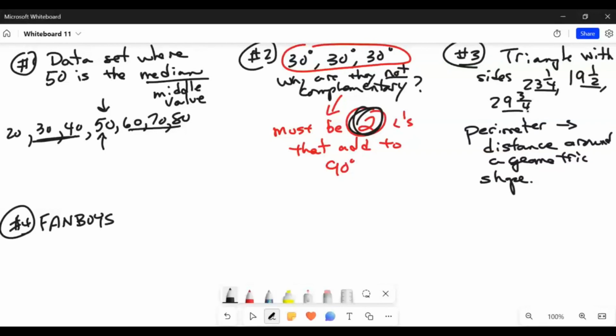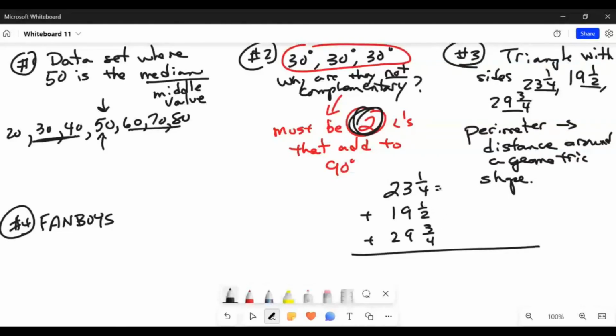They have fractions in them, so our answer should have fractions in it as well. If I'm going to do this by hand, I would have 23 1/4 plus 19 1/2 plus 29 3/4. I can add them up this way as long as the fractions have a common denominator. The common denominator is 4.